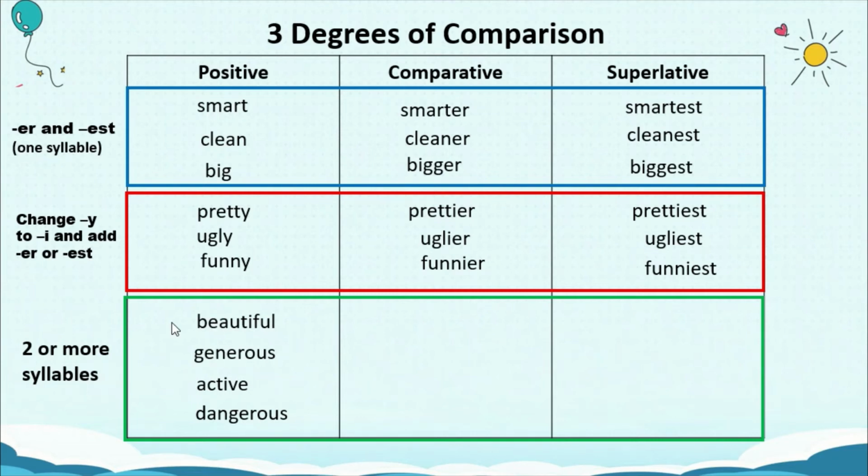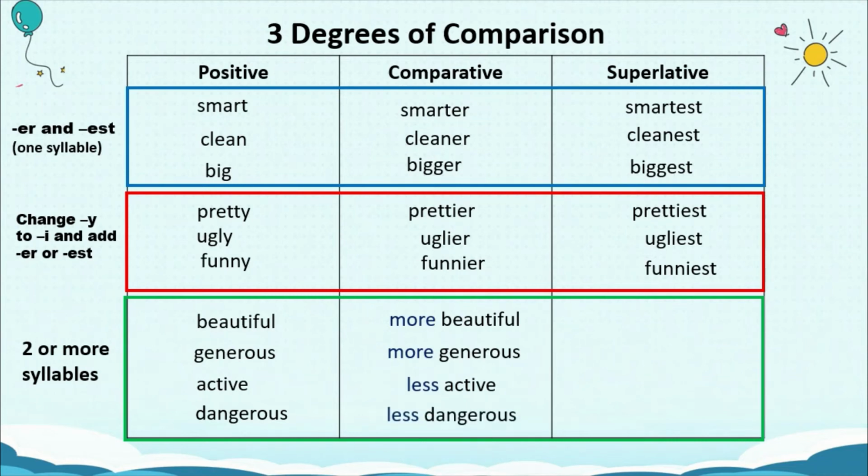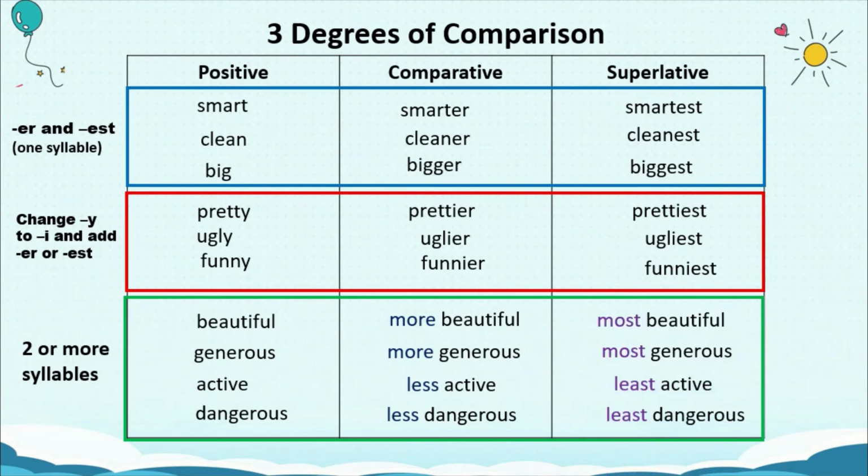So if a word has 2 or more syllables, we simply add the word more or less. That's why we have, for example, more beautiful, more generous, or we can also use less active or less dangerous. So here are the examples: beautiful, more beautiful, most beautiful.